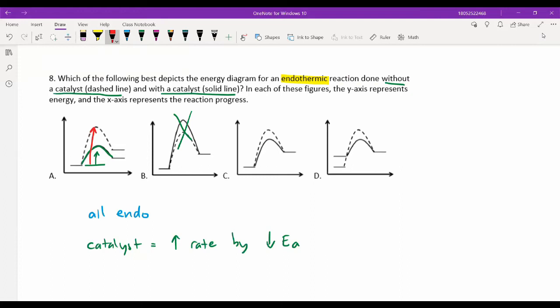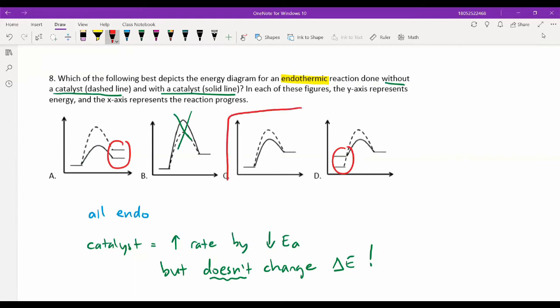Well, the difference between A, C, and D: they all have the catalyst diagram going faster or with less activation energy, but a catalyst does not change the delta E. So it actually doesn't change any of the thermodynamics about the reaction, like delta E, delta H, delta S, all that stuff, delta G. So if you look at this part here, that's actually saying that the catalyst is changing the energy of the products or the reactants.